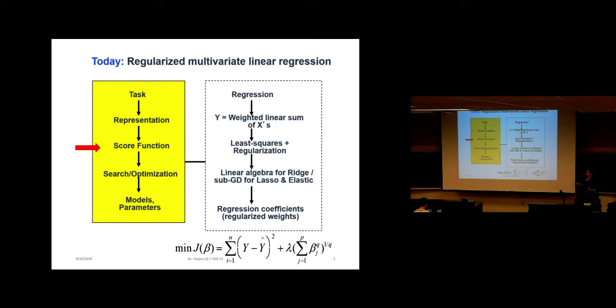Now I'm changing from the old theta to beta, but it's still just a weight vector. I use beta to represent the cases when my weight vectors are regularized.